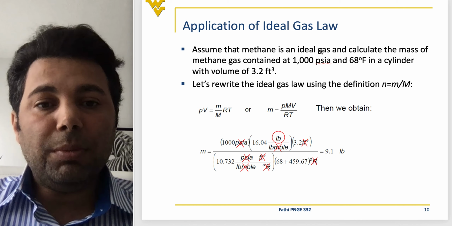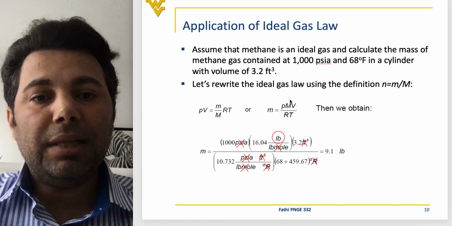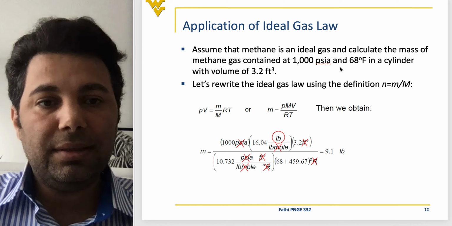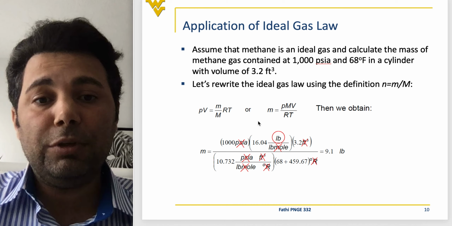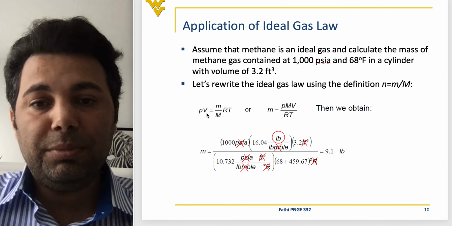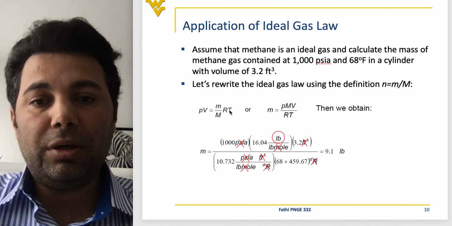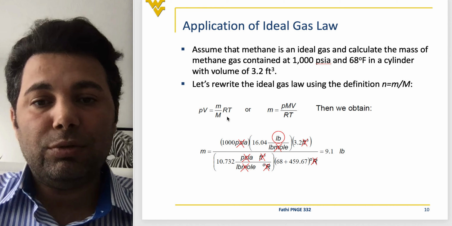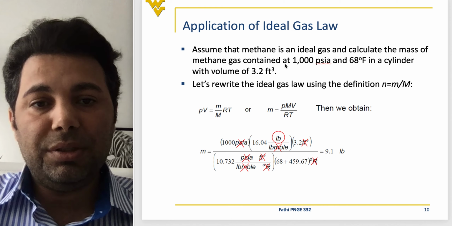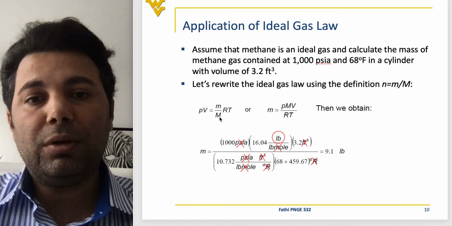As I said, we can come up with different properties. We can calculate the density of this gas. If the question was exactly the same but asked to find the density, we know the density is mass over volume. So we write again PV is equal to mass over molecular weight RT. Density is mass over volume, so density becomes PM over RT. Pressure is given, M is the molecular weight for methane.